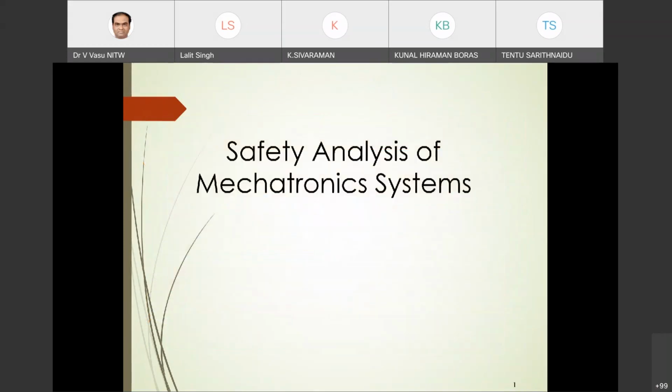I'll be talking on safety analysis of mechatronic systems. This topic is especially for mechatronic systems, and some of them are very safety critical in nature and are used in the critical infrastructure of industries and countries, for example in aerospace, nuclear energy, automobiles, defense, and railways.